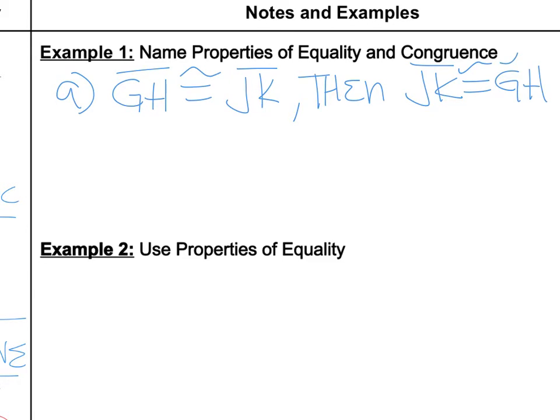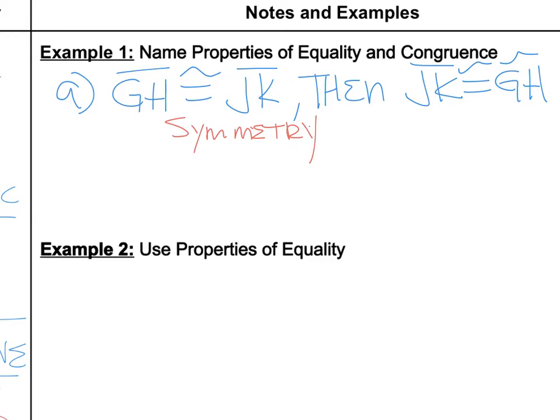What property is this? If you look back to the left, which one of these might kind of match up? If you're thinking it's the symmetry, you're right. Symmetry. I totally spelled that wrong. Need another E in there. There we go.